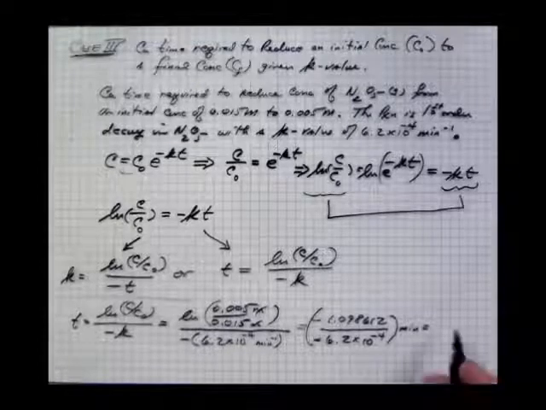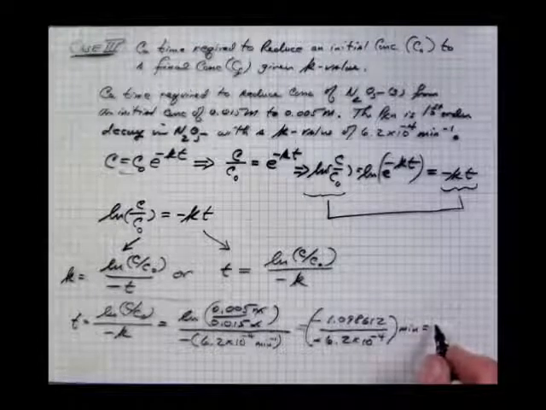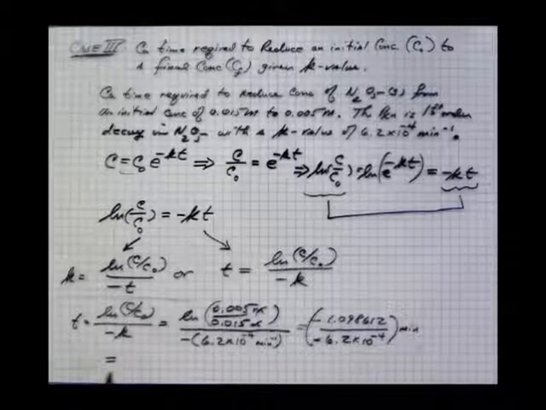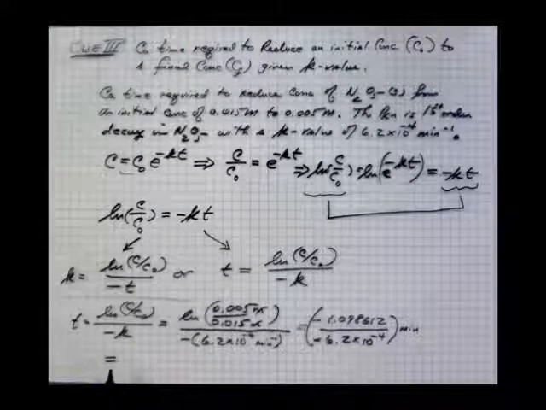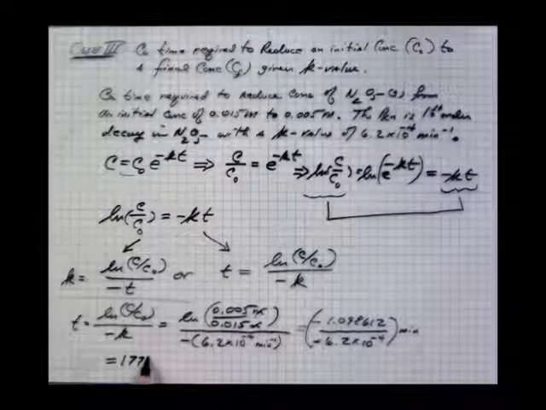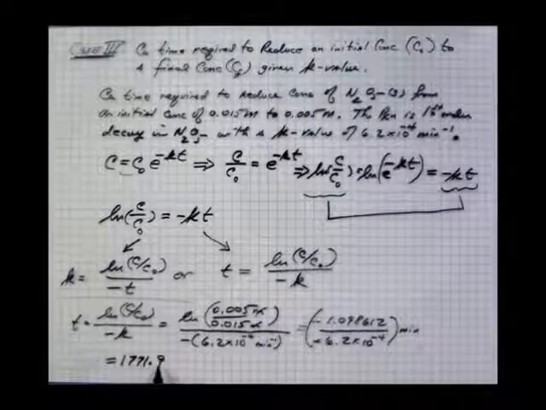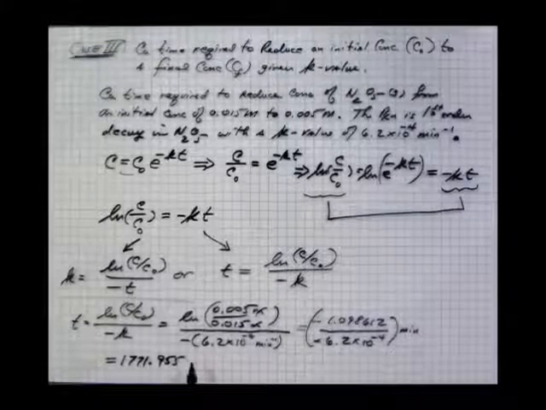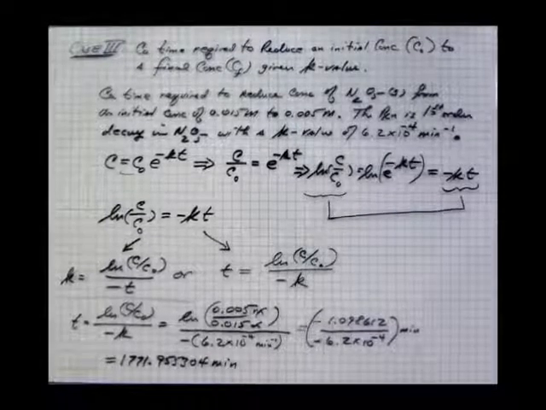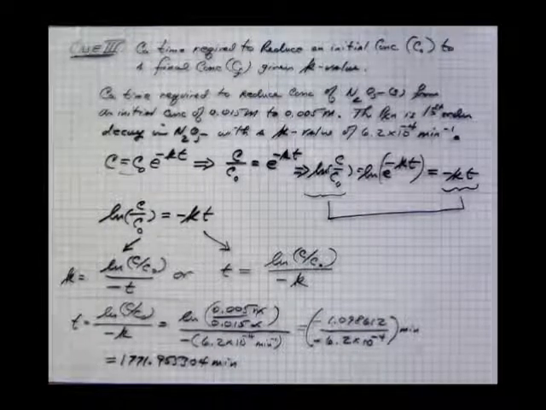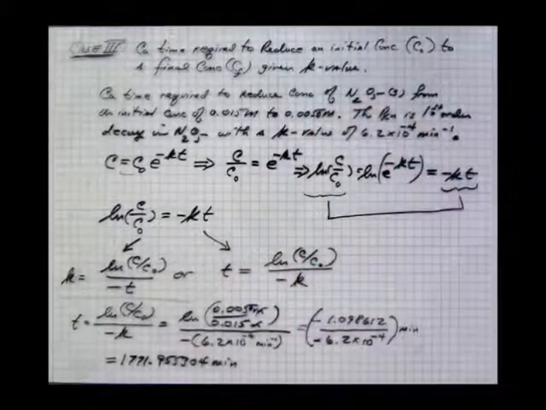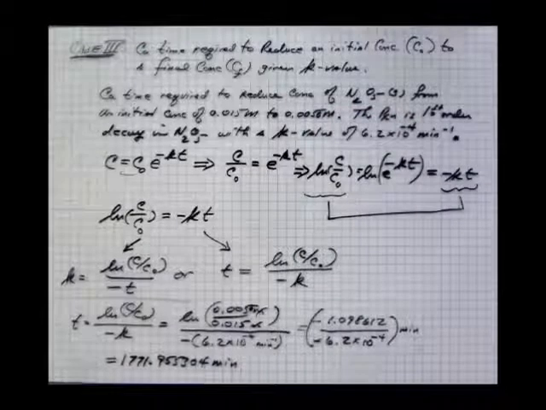This ultimately is shown to be, I'll move this down to here so I can illustrate the rounding to significant figures: 1771.955304 minutes. I want this in 2 sig figs.